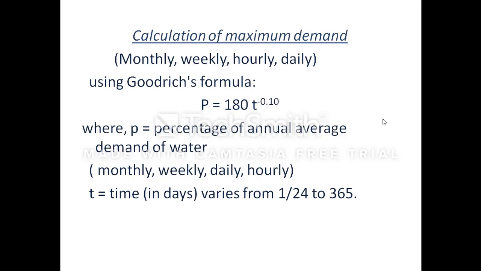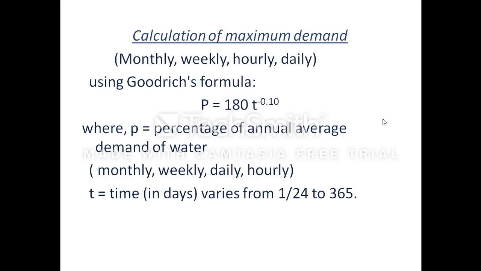Now how can we calculate the maximum demands of water, may it be monthly, weekly, hourly, or daily demand? For this we use Goodrich's formula, that is P is equal to 180 into T raised to the power minus 0.10, where P is the percentage of annual average demand of water.